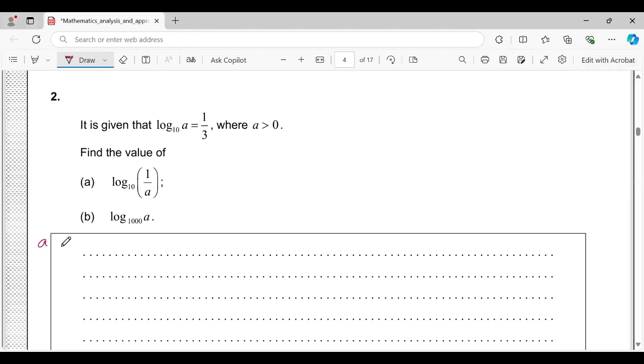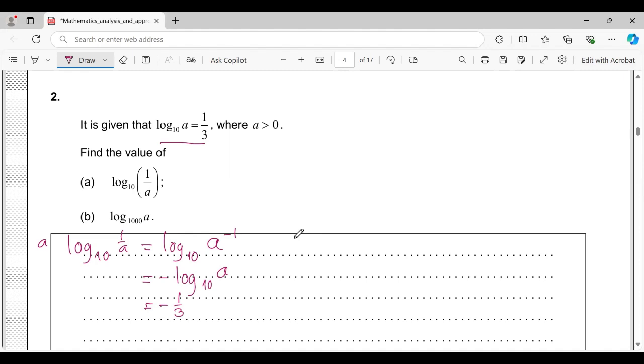A, log 10 of 1 over a, we can write it like this: log 10 a to the power minus 1, and it is minus log 10 a. According to the information, log 10 a equals 1 over 3, so it is minus 1/3.